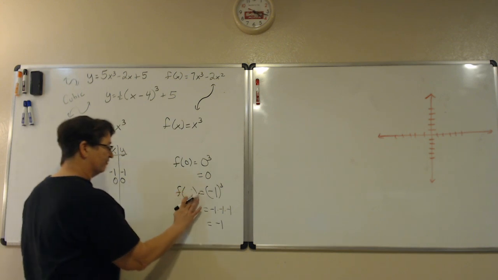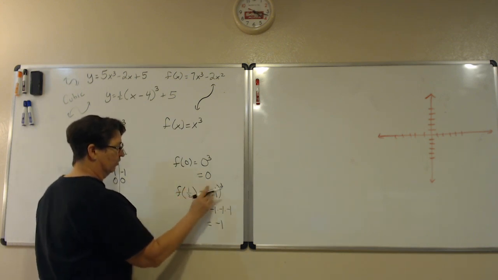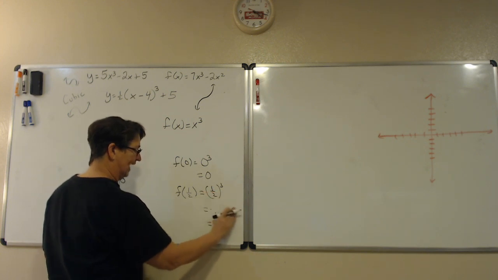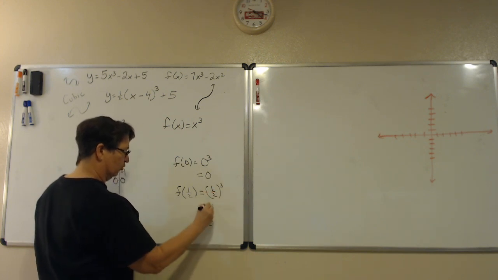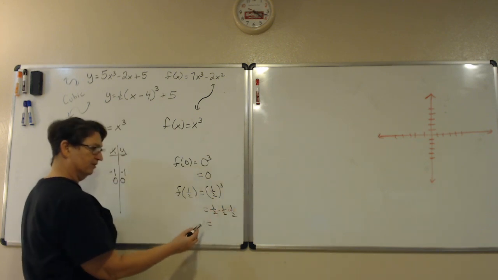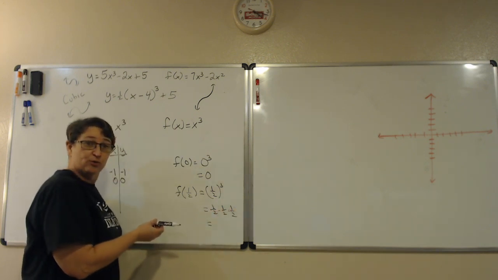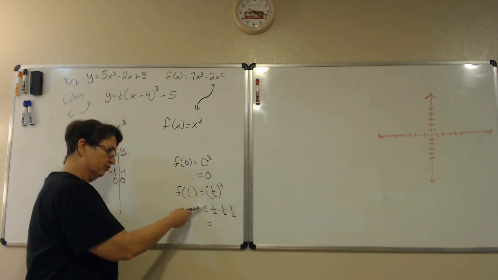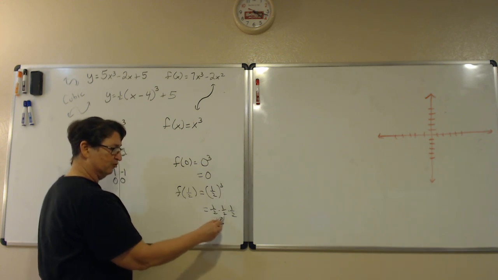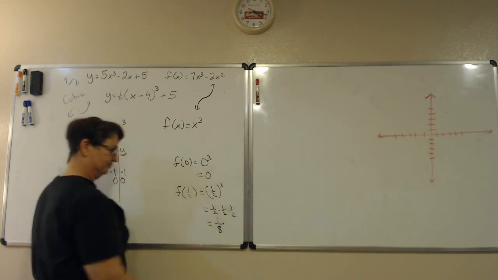I can even put in a fraction in there. 1/2 cubed, we may not like to, but we can do it, because 1/2 cubed is just 1/2 times 1/2 times 1/2. And remember, the way we multiply fractions is straight across. So 1 times 1 is 1 times 1 is 1. 2 times 2 is 4 times 2 is 8.